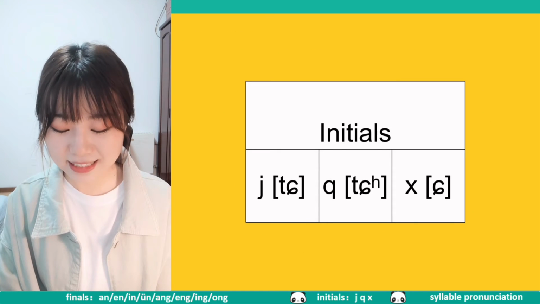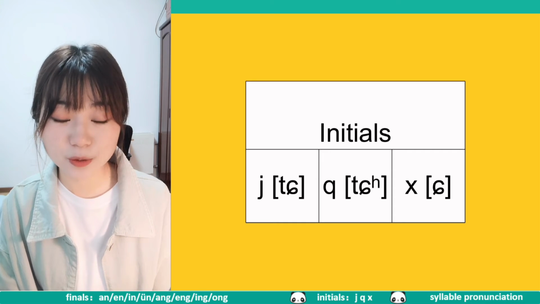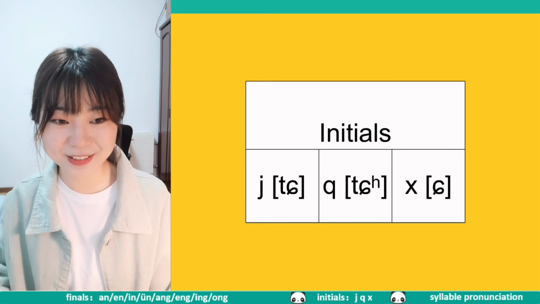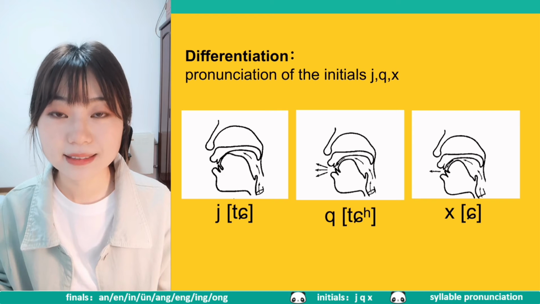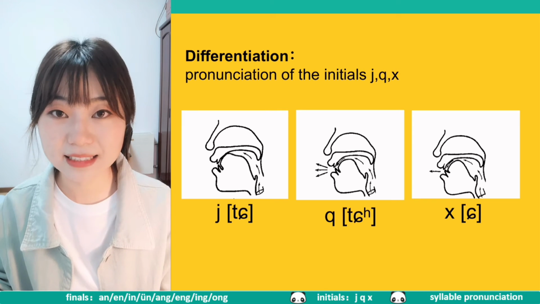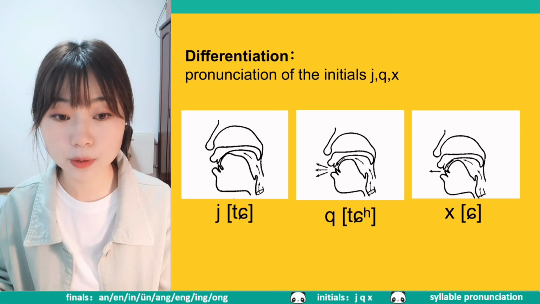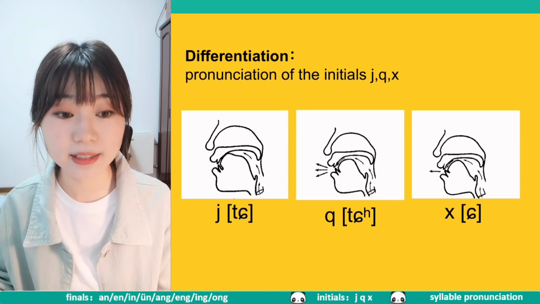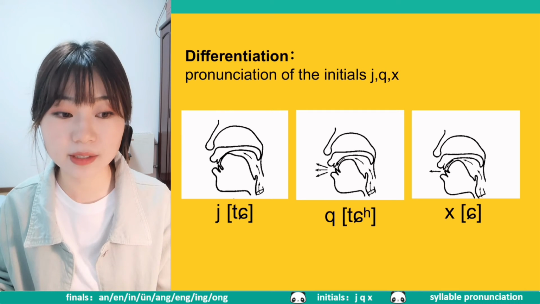Next, the second task for today, 3 initials. Those 3 initials may not be easy for you to pronounce, but don't worry, let's use this picture to help you with it. They are j, q, x. The point of the pronunciation of those 3 is the collaboration of the hard palate and the surface of the front part of your tongue.